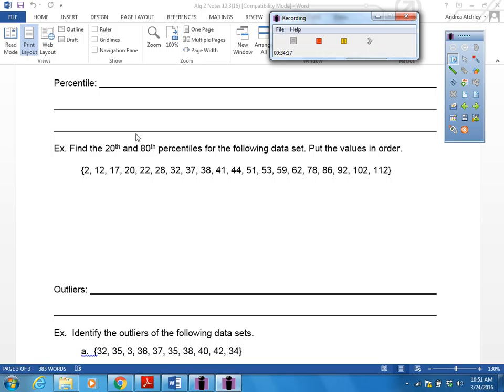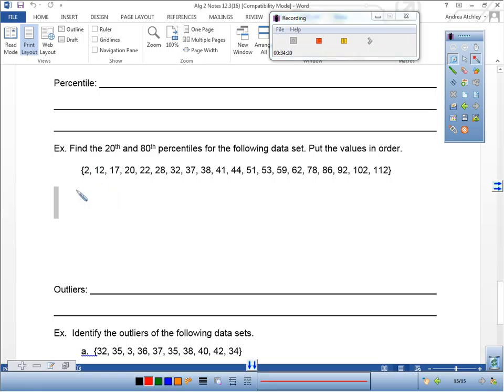Okay, so then we're going to find the 20th percentile. How many numbers are there? There should be 20 numbers.